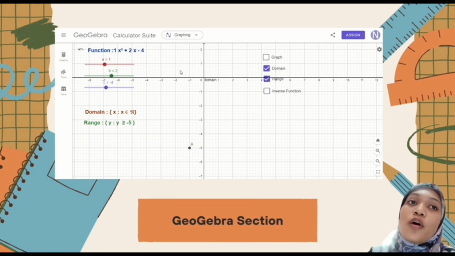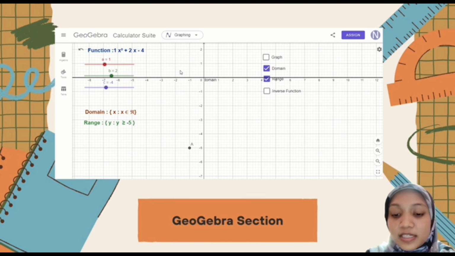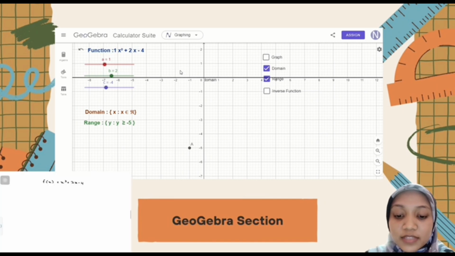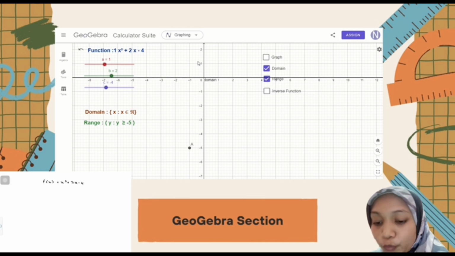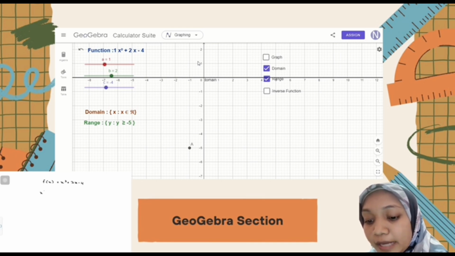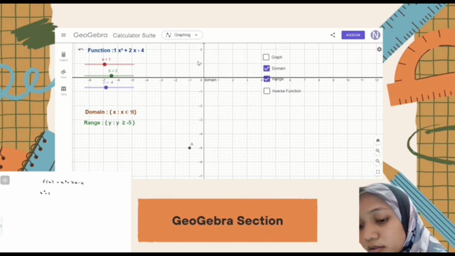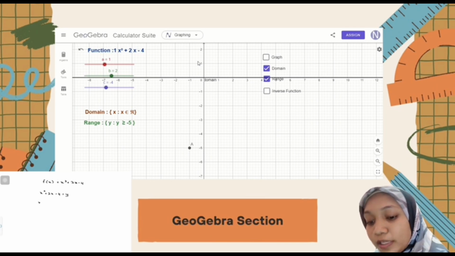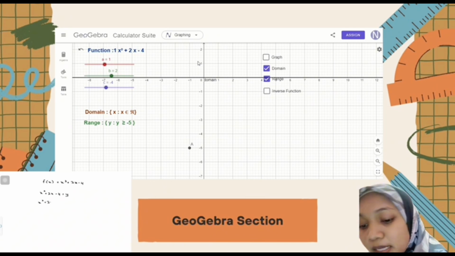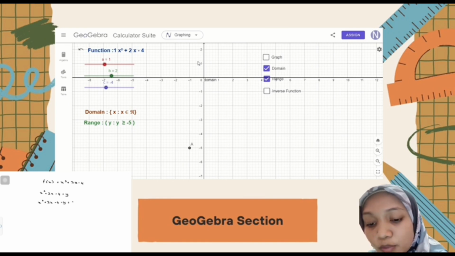Okay, next let's move on to the inverse function. How do we find it? This worksheet shows the answer, but what if we write it on paper? I will show you. We add y to the equation, which is equal to y, and put it together: x squared plus 2x minus 4 minus y equal to 0.